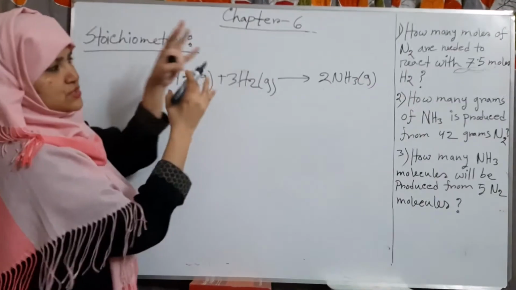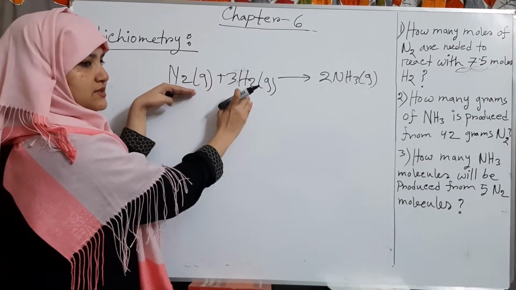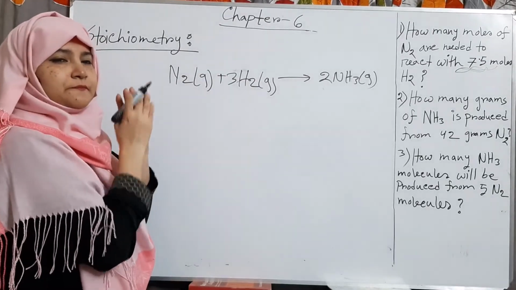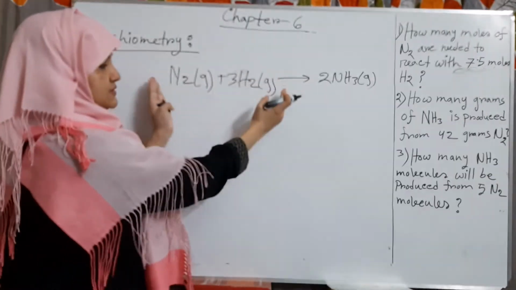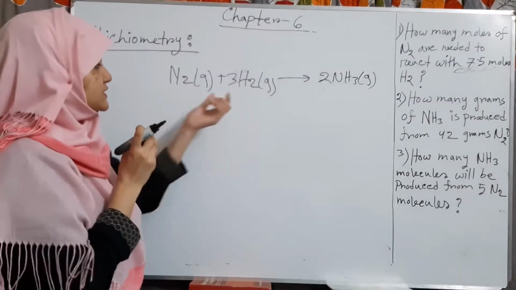These two substances are the reactants of this reaction, so for calculating this problem we have to look at this side only, because we have to quantify the reactants.